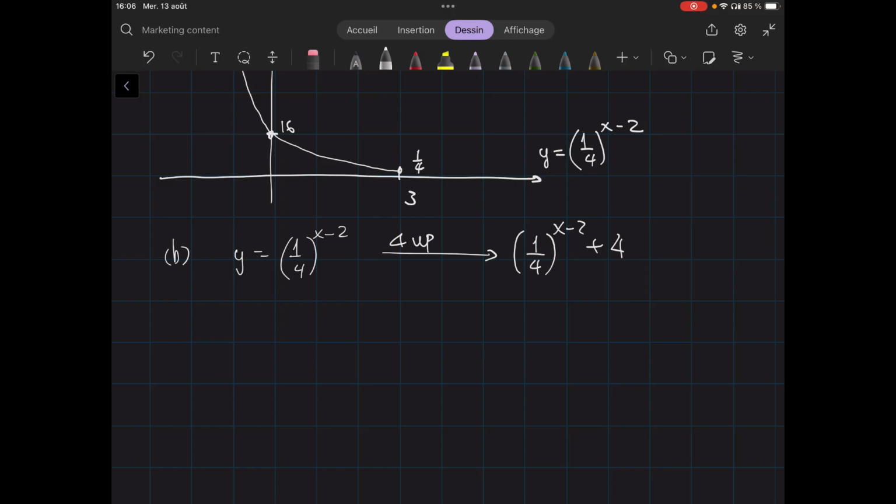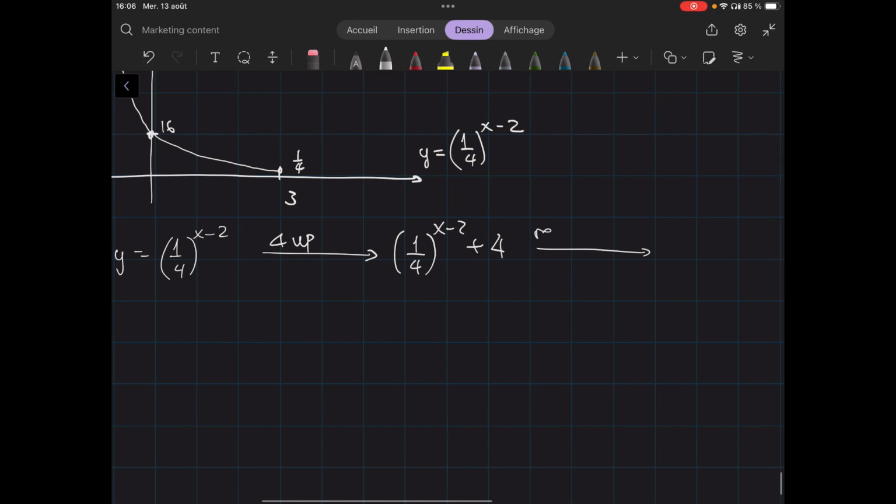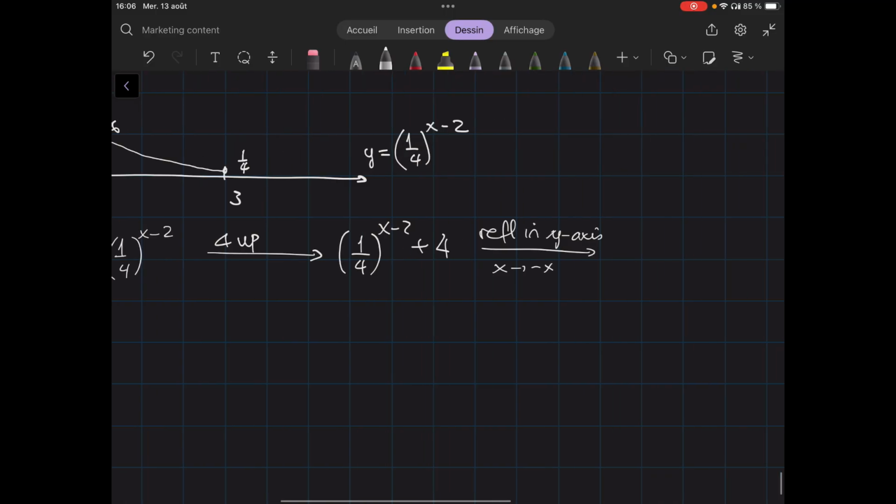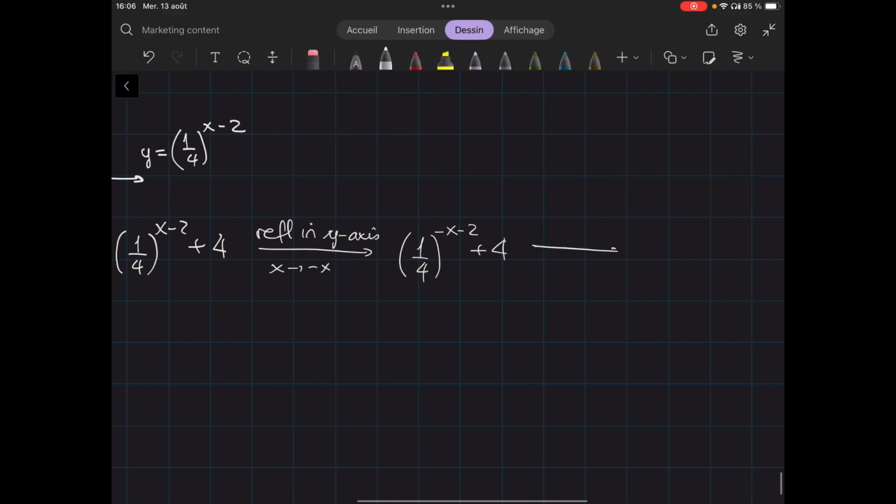Simple enough. Then we reflect it in the y-axis. What does that do? A reflection in the y-axis means that x becomes negative x. Now it undergoes a vertical enlargement with scale factor a.